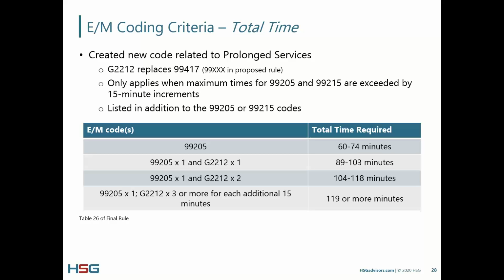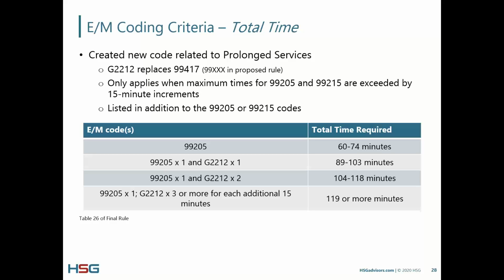So this new prolonged services code is G2212, and it applies when the maximum times for the 99205 and 99215 are exceeded by 15-minute increments. This code would be listed in addition to the base 5 code, meaning 99205 or 215, and only applies for intervals exceeding the 15-minute increments, right?